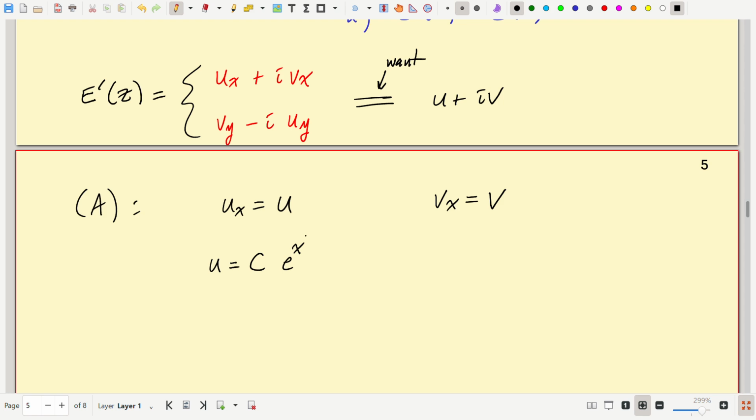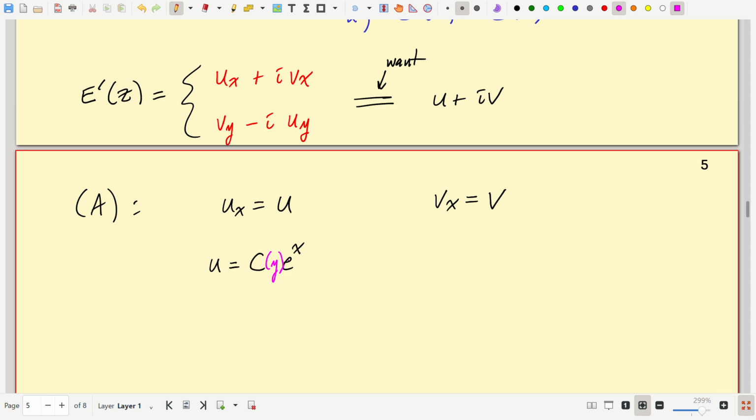The k is 1 there. But y is floating along as a parameter. And so when I get a c here, I might get a different c depending on my y. So that c might depend on y. You can see that that satisfies that differential equation.